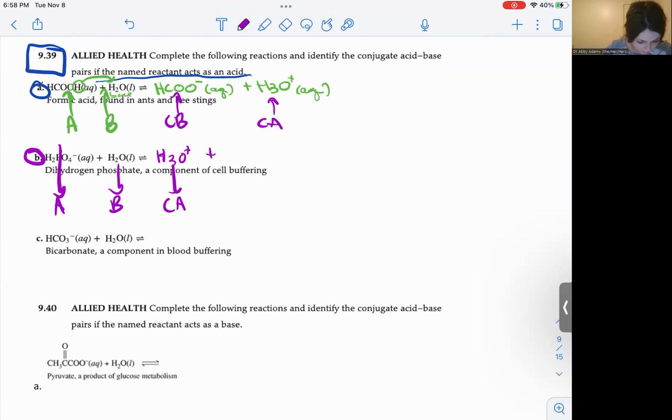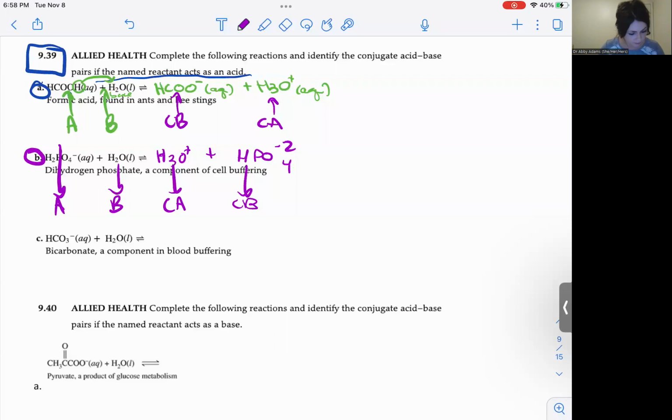And then what are we going to have for our conjugate base? You're going to have H minus 2. You're going to increase that negative charge. All right. So there you go.